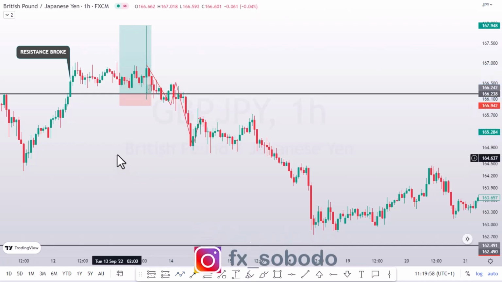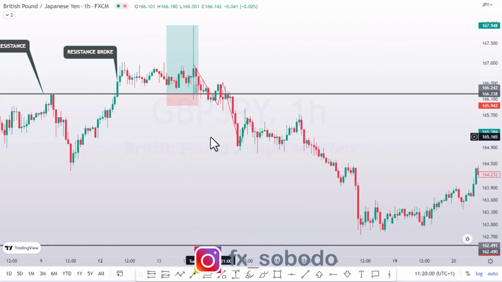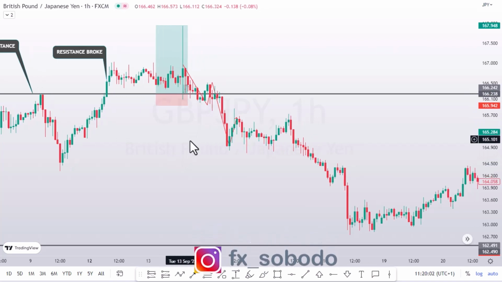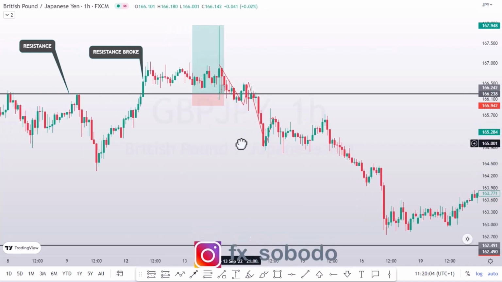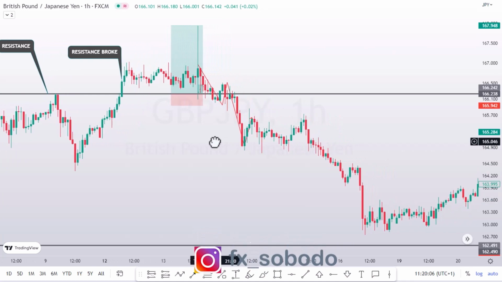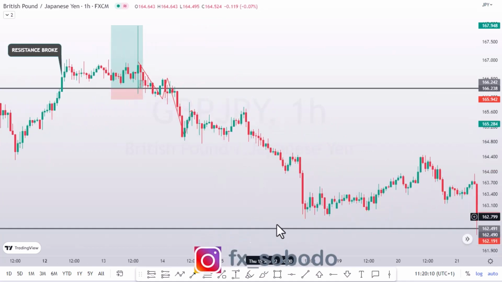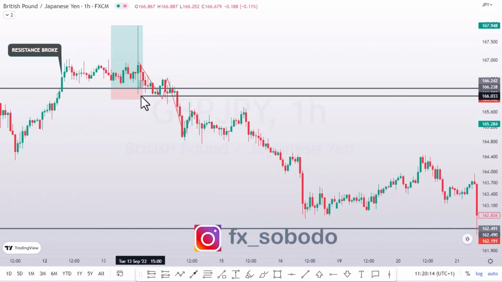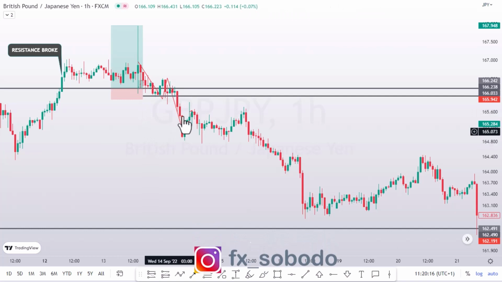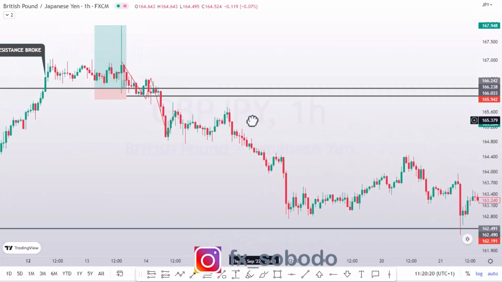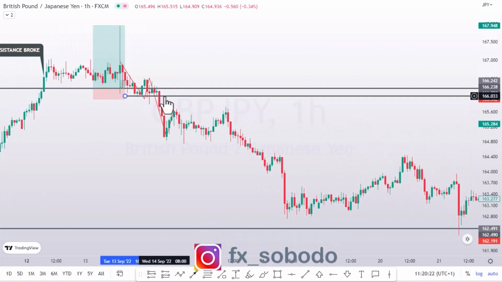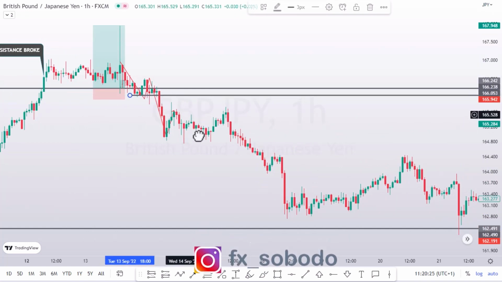So there is a sell structure at this level. Here is some sort of support at this level, but price fails to retest. There was no retest, so no trade. Remember, when there is no retest, take no trade.